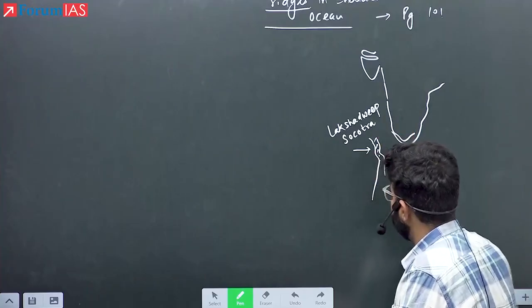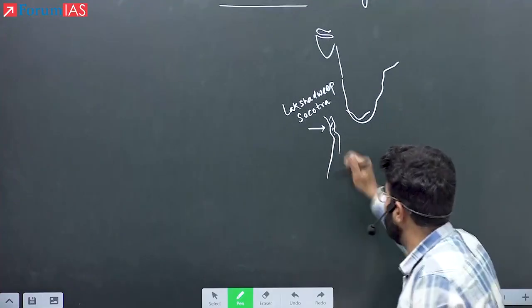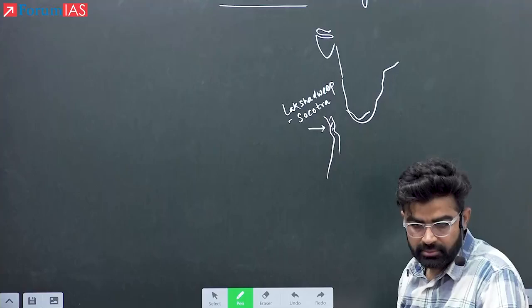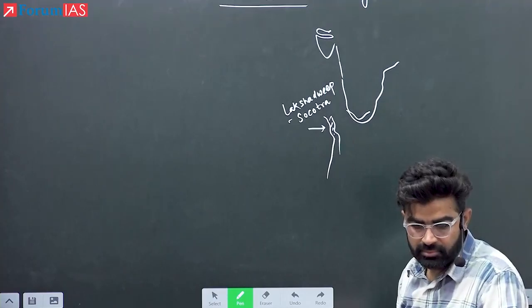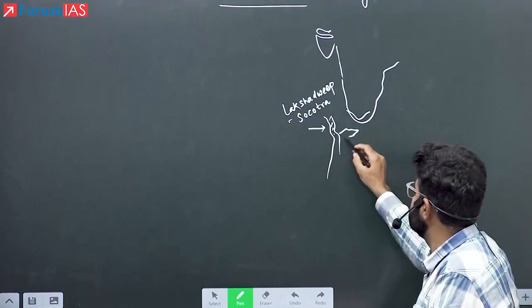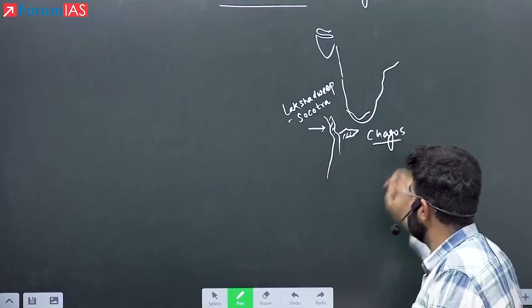This is nothing but the mid-oceanic ridge of the Indian Ocean. The first one is Lakshadweep, Socotra. Then we have here Chagos.